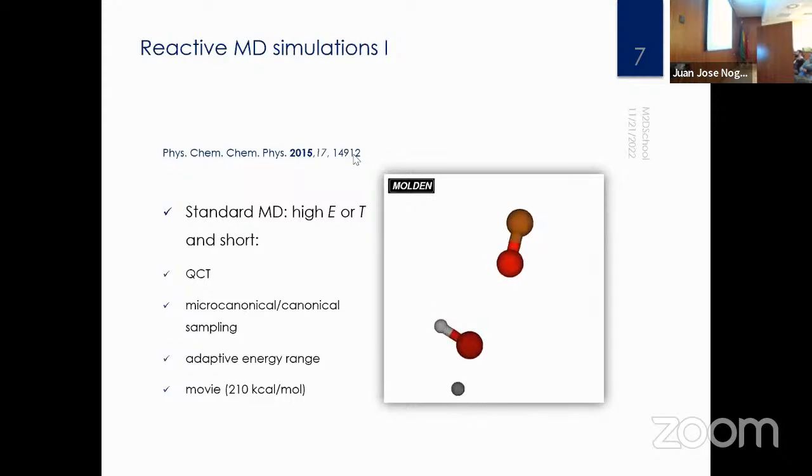So in that case, I think we can look for the cases with lower interaction between the molecules, because the energy will be less. I'm not sure if I understood your question well.